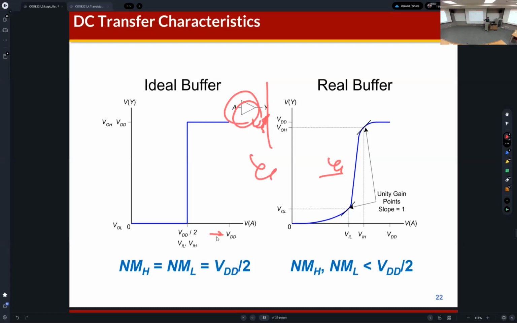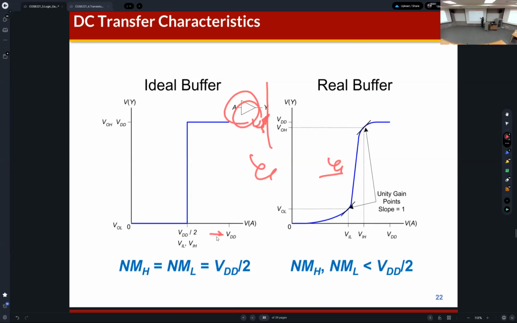So what can we observe? In the characteristics of the real buffer, we can define VIL, VOL, VOH, and VIH. We assume that if the input signal is in the range of 0 to VIL, the output voltage level slightly increases, but we allow that.